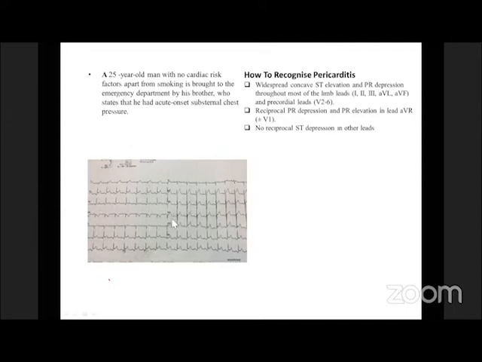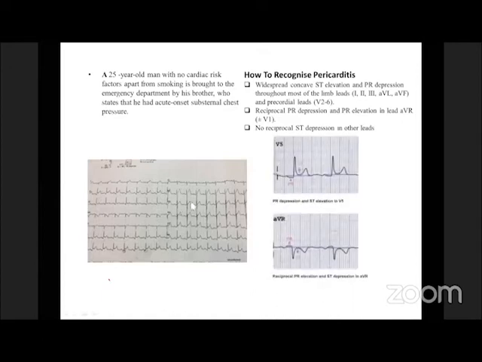So this is not myocardial infarction. Although the patient has chest pain and ST segment elevation, the pattern of this ST segment elevation is not of myocardial infarction. It is of pericarditis. This is PR segment depression, and this is PR segment elevation in aVR.